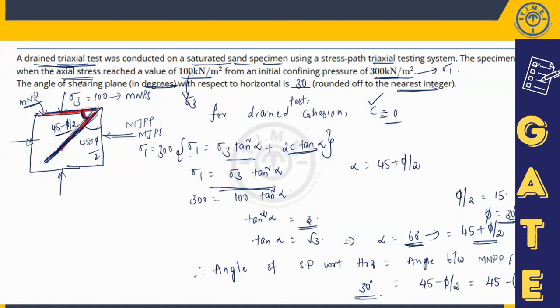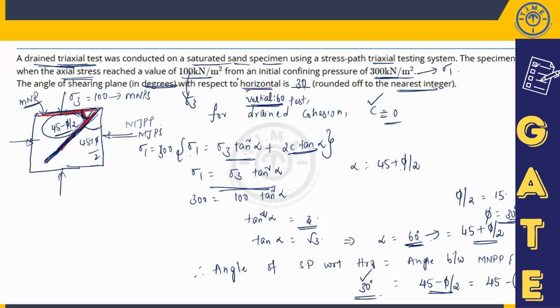Now going to our question, angle of shearing plane with respect to horizontal. With respect to horizontal means we need to take the value 45 minus phi by 2. So 45 plus phi by 2 is 60 we got. So 45 minus phi by 2 means 45 minus 30 by 2. The answer is 30 degrees. Instead, if he asked us vertical, it would be 60.